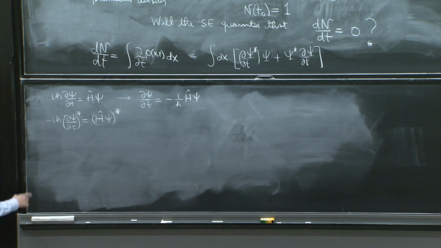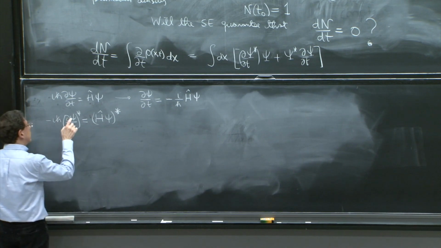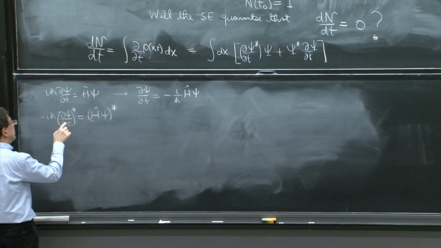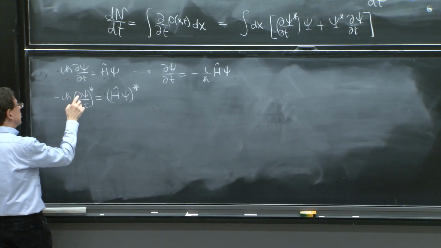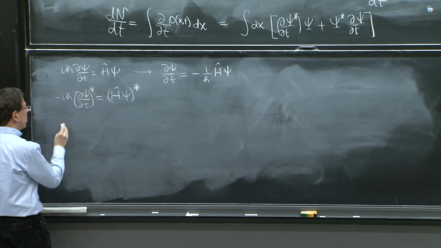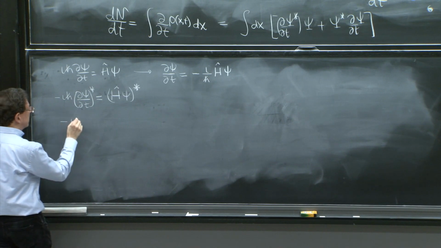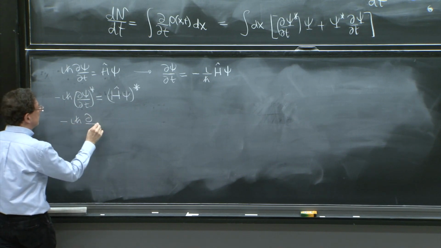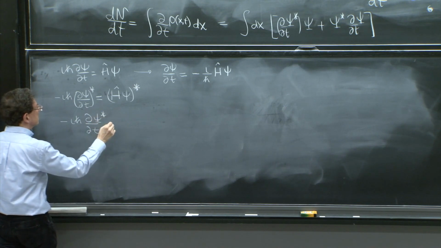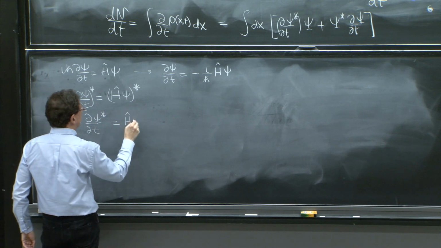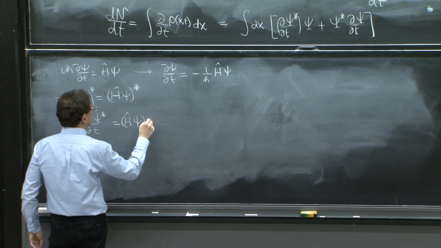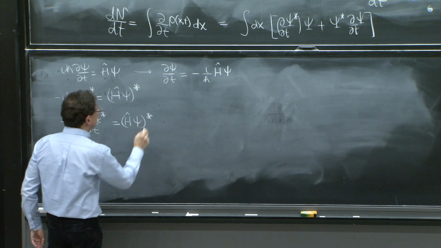Now, here, the complex conjugate of a derivative, in this case, I want to clarify what it is. It's just the derivative of the complex conjugate. So this is minus i h bar d/dt of psi star equals H hat psi star. That's fine.